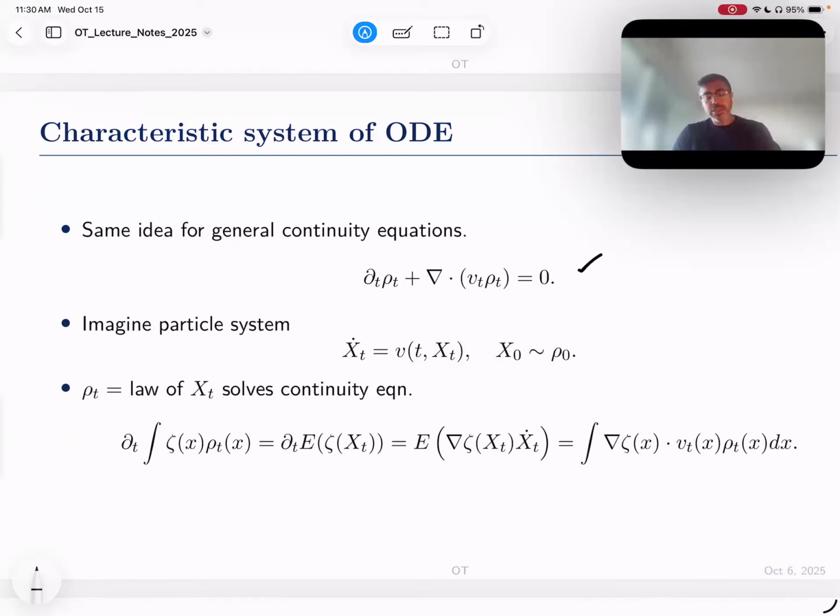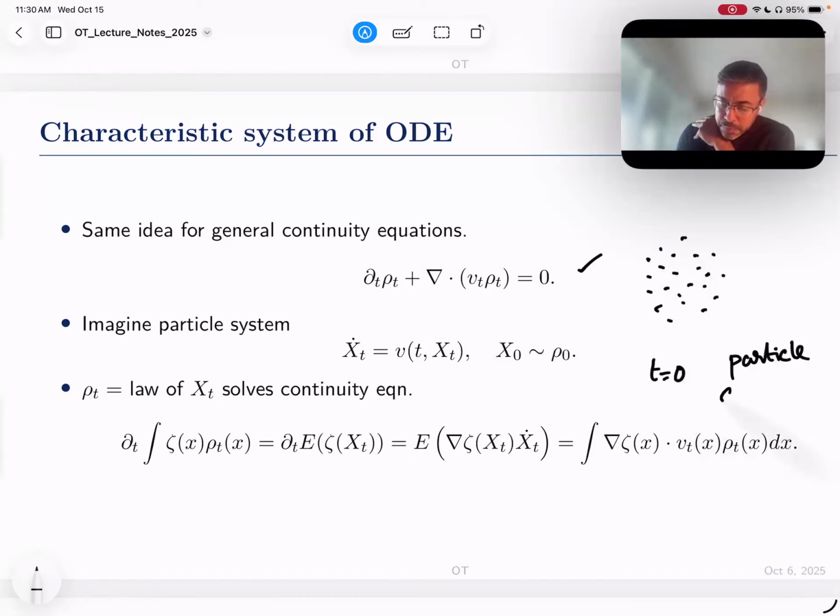So what you imagine is that you have a bunch of particles at time t equals 0. And the particle configuration is approximately rho 0. So in statistical parlance, the initial empirical distribution of the particles is close to rho 0, or if you want to be more precise, you sample IID particles from rho 0 at time t equals 0.